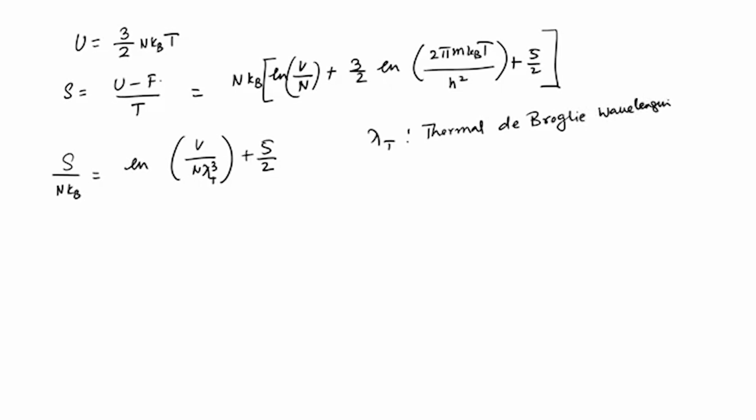And this has a form which is given by h over root of 2 pi m k T. Okay. And this will play some role in distinguishing classical stat mech from quantum stat mech, and we will come to that in just a while.